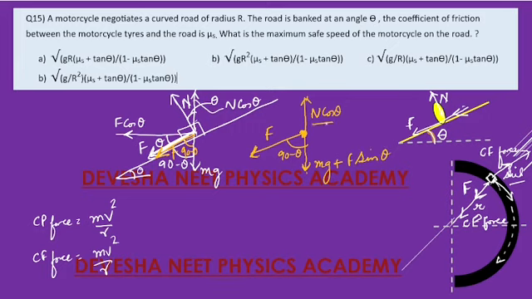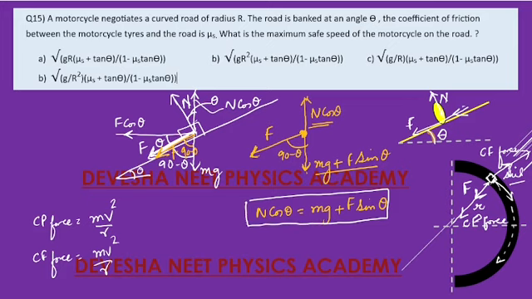It means n cos theta is equal to mg plus f sin theta. So this becomes the first equation, where we took the vertical component.